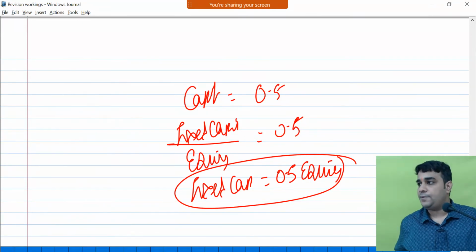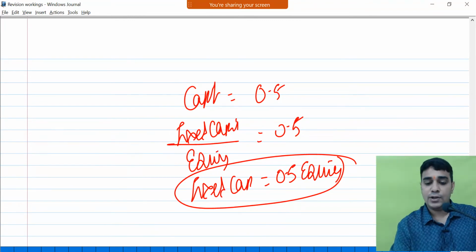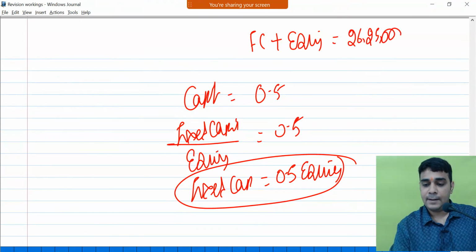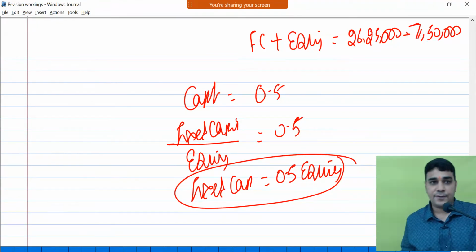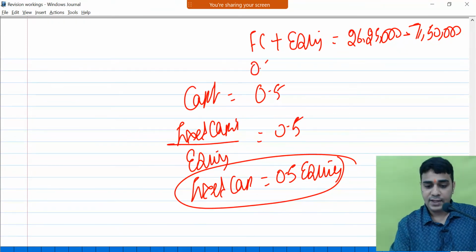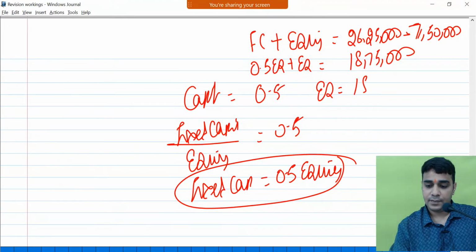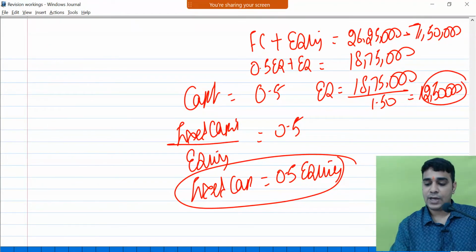I can also say fixed capital plus equity is equal to 26 lakh 25,000 minus 7 lakh 50, that balancing figure, asset side total minus the current liability. 0.5 equity plus equity is equal to 18 lakh 75. Can you tell me the equity number? 18 lakh 75 divided by 1.5 is 12 lakh 50.